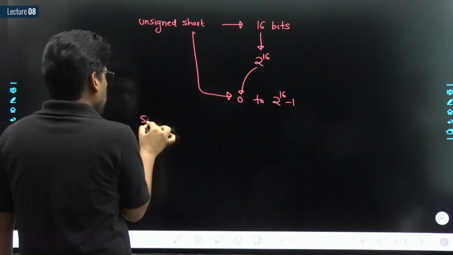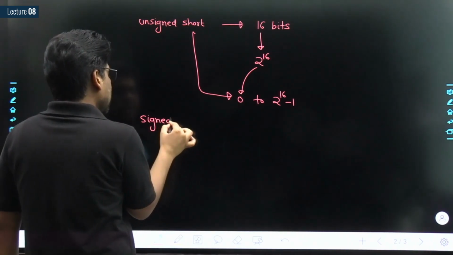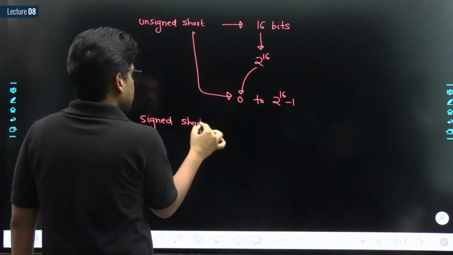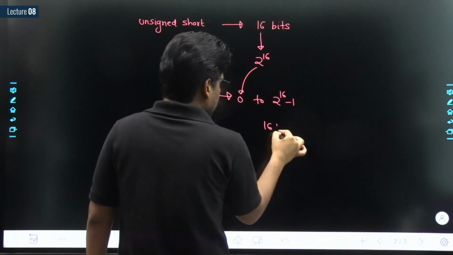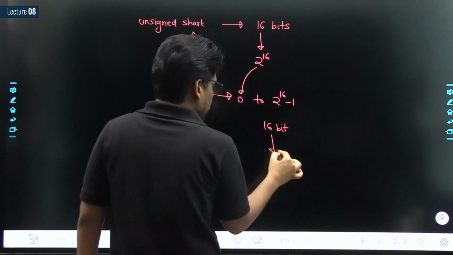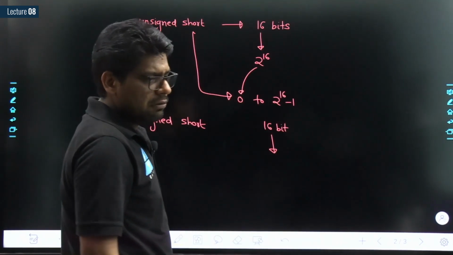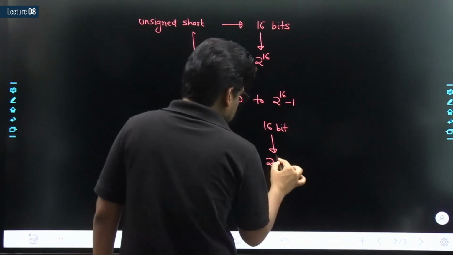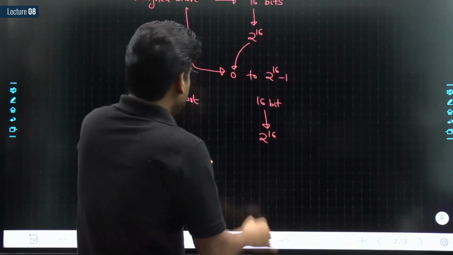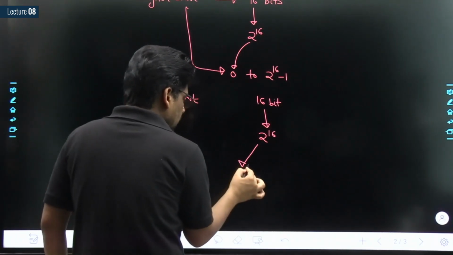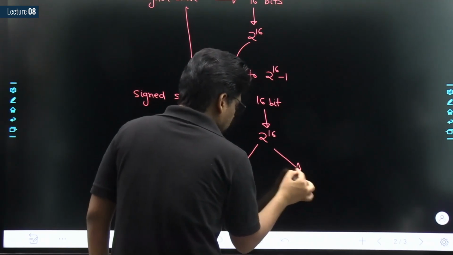When I talk about signed short int, then again with 16 bits, total possible values are 2 to the power 16. But I need to distribute these values in negative as well as in positive.